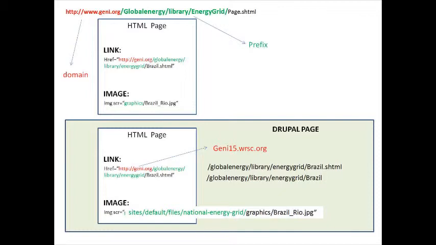And there's a standardized file path format, which I think he's got outlined here in red and green. So go ahead and describe the red and green part. Okay. The idea is about the links. When I looked at the global energy grid section in the old Genie website, I found a standard in all the links: genie.org, global energy library, something like energy grid.